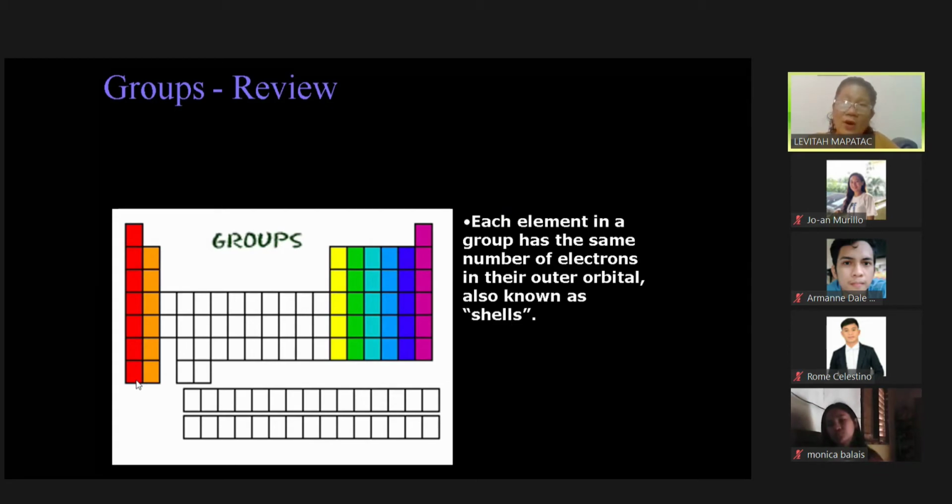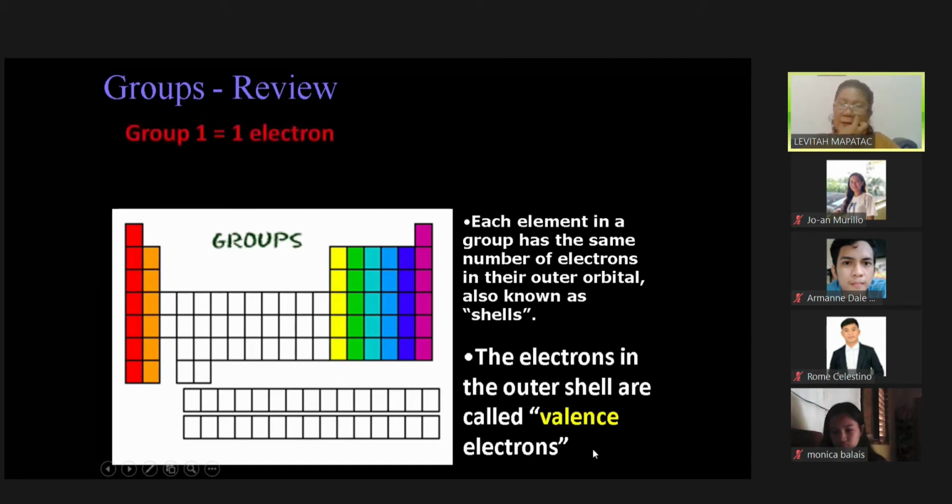So in 1A, all of them have 1 outside electron. In 2A, all of them have 2 outside electrons. This 7 here, how many electrons? 7. This here, 8 electrons. The electrons in the outer shell are called valence electrons.